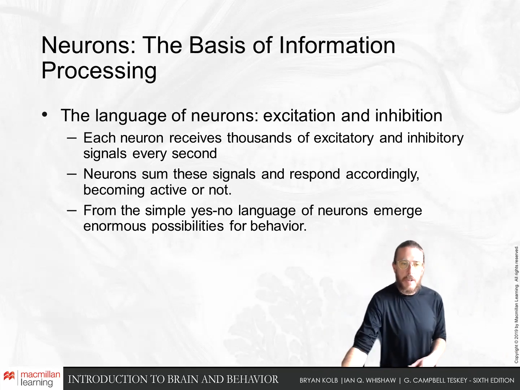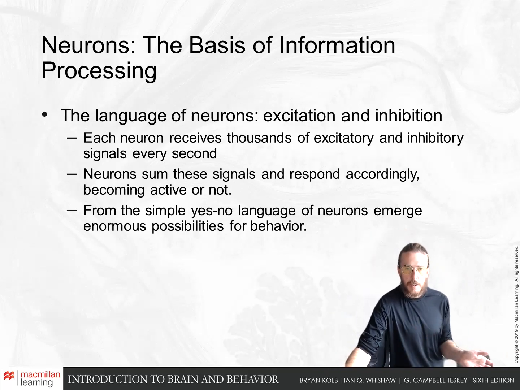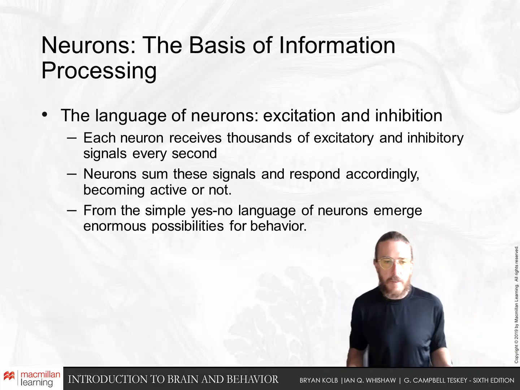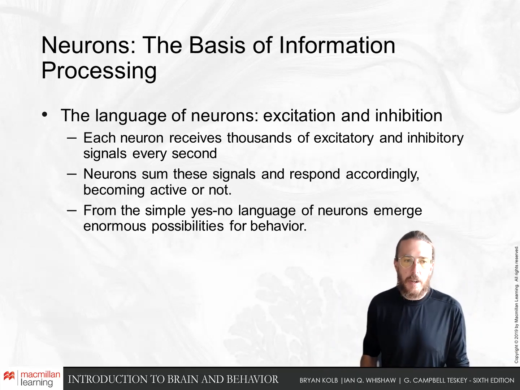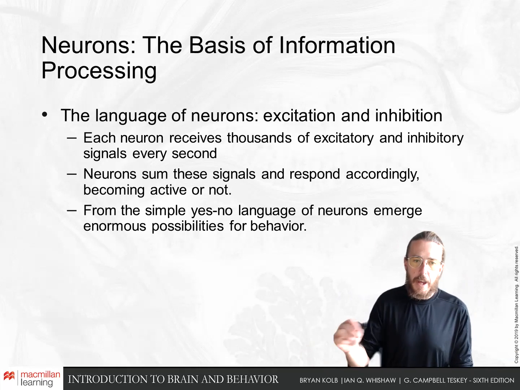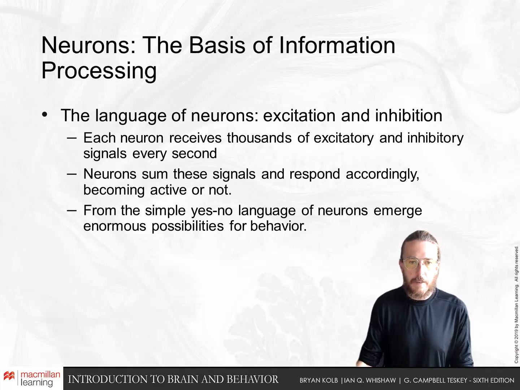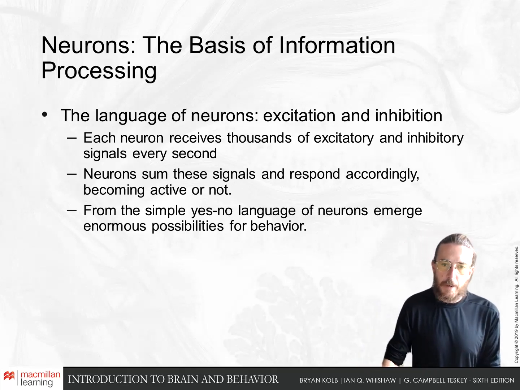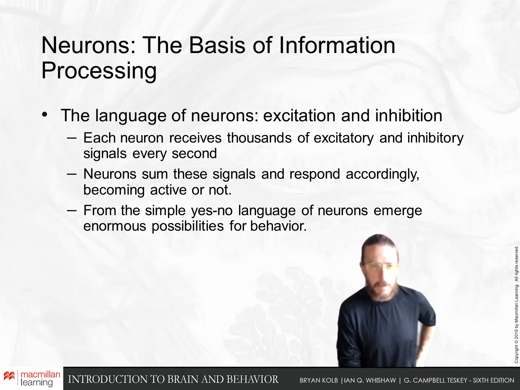So this simple yes or no signal then gets merged with thousands of other signals in the next neuron. And this simple language of yes, no of each neuron, and then summing together the votes in the next level, can lead to enormous possibilities in our behavioral repertoire.